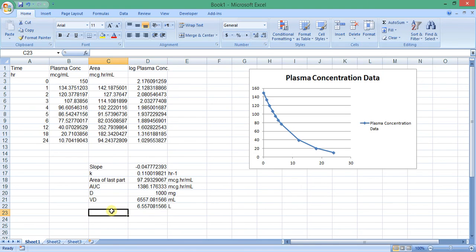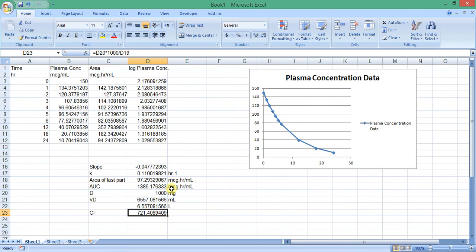Now we calculate clearance. Clearance equals the dose divided by the AUC. So the dose, to convert it to microgram, we should multiply it by 1000 and then divide it by the area under the curve.